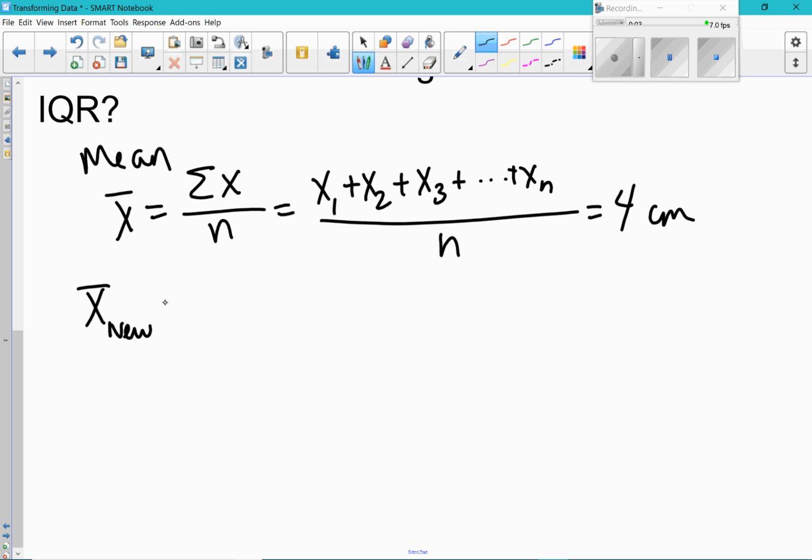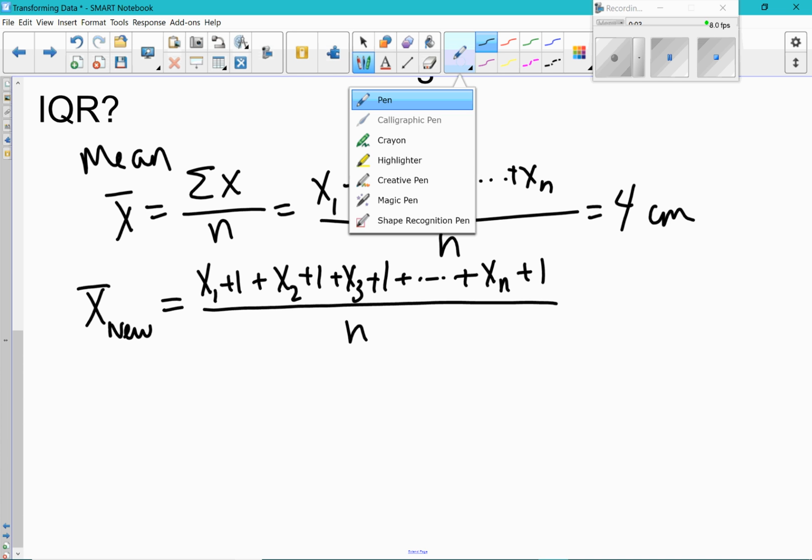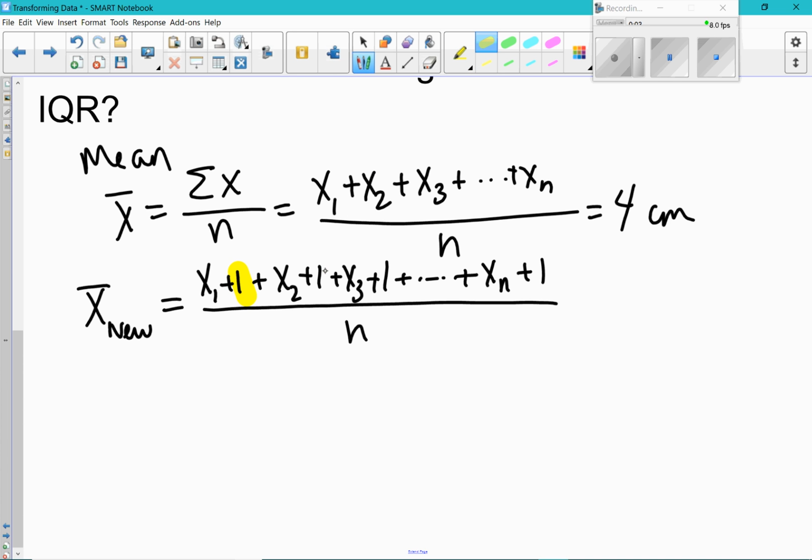All right, so what would happen if we added 1 to every single point? I'm going to use this to find my new mean. So I'd have x1 plus 1, x2 plus 1, x3 plus 1, all the way out, dot, dot, dot, plus xn plus 1, all divided by n. Well, if we look, we are essentially adding 1 n times, right?